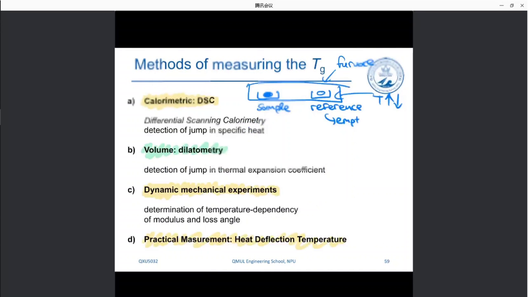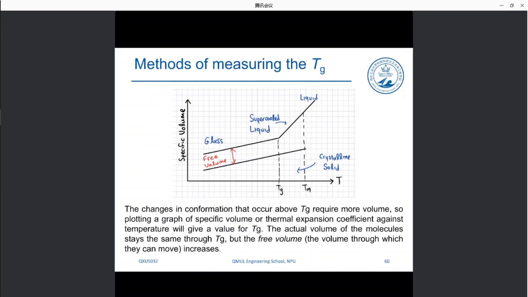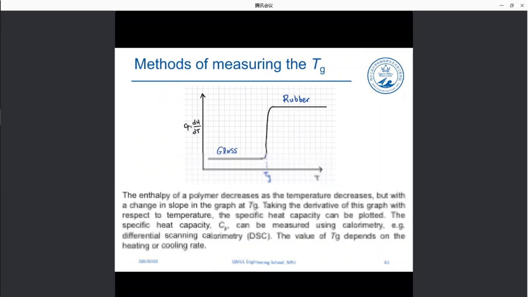Essentially, the dilatometry measures the volume, and by measuring the volume when we transform from a liquid to glass, it tells us at which point we observe the glass transition. Don't worry about dilatometry. It won't be requested for you to remember anything regarding dilatometry. Let's go on and look at the DSC.